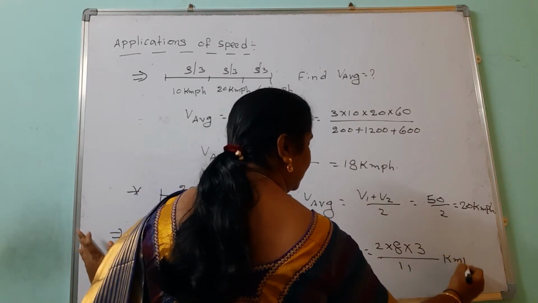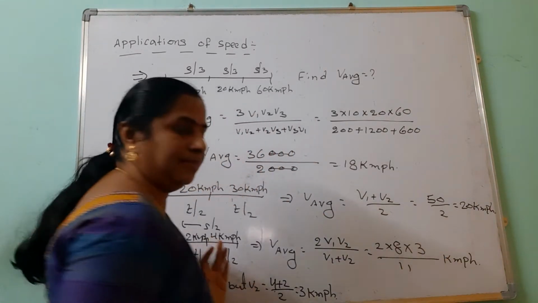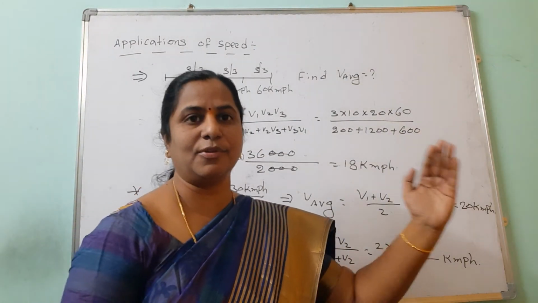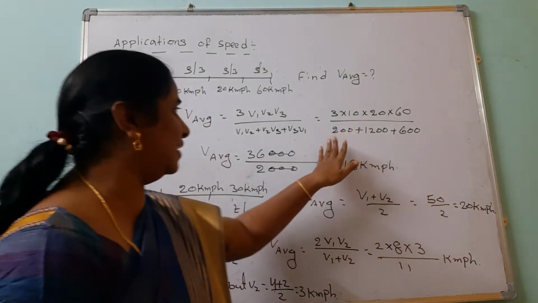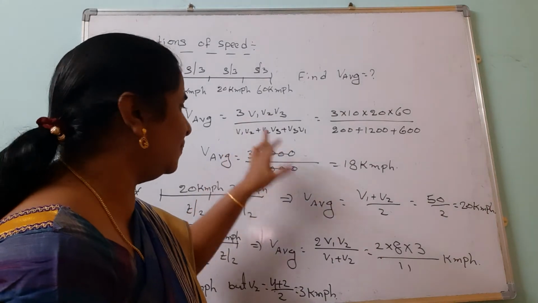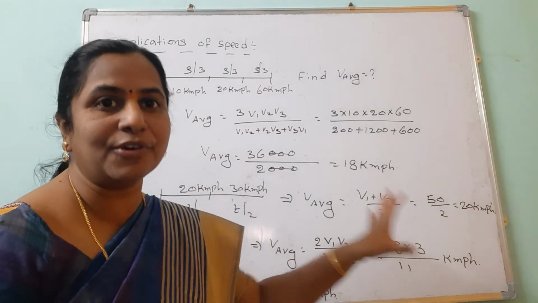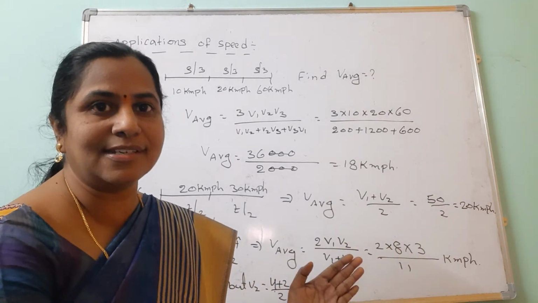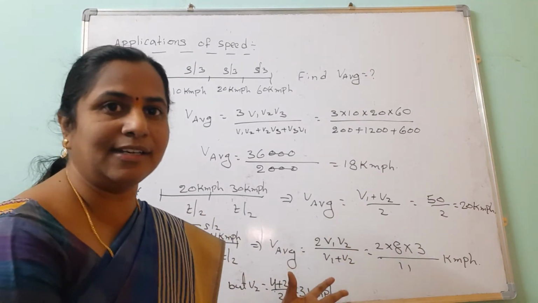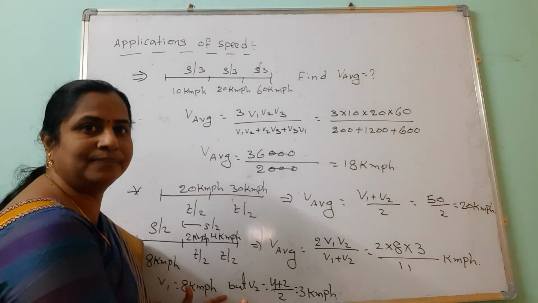Finally you are getting the answer. You can simplify this. So in this, first we discussed 1/3 of the distance and what the average speed is, using this formula. Second case, half of the time. And the last case we used both applications, half of the distance and half of the time. Then finally we found the average speed.